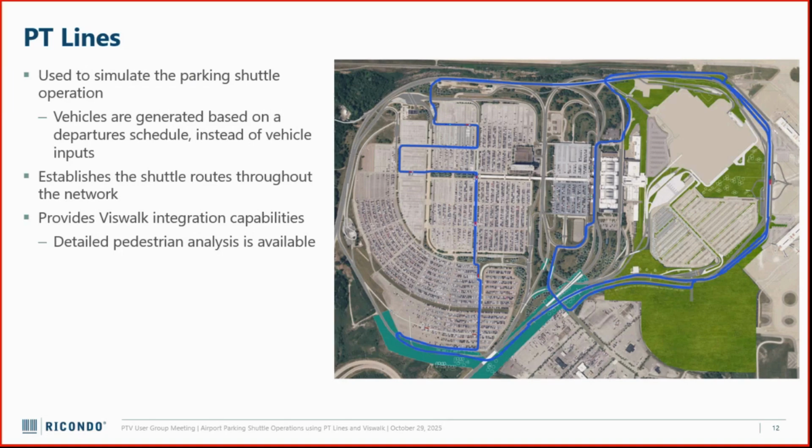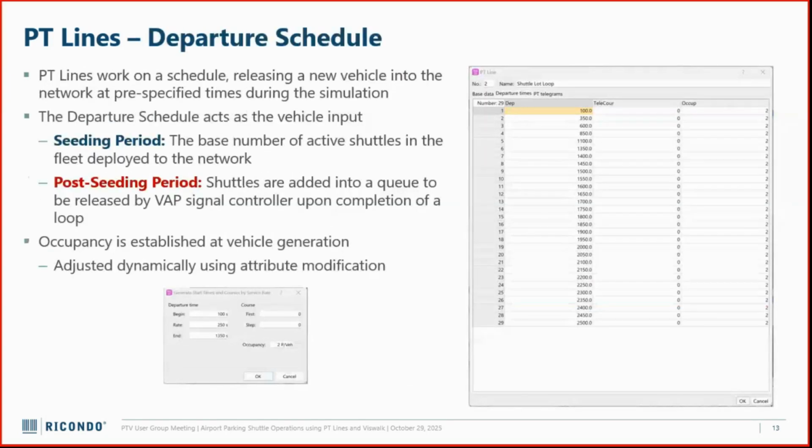But for this, the passengers and pedestrians were one of the primary focuses of the client. PT lines use departure schedules, as many of you know. They work kind of like vehicle inputs, however they operate differently. They release the shuttles at different times, or at a pre-specified time.